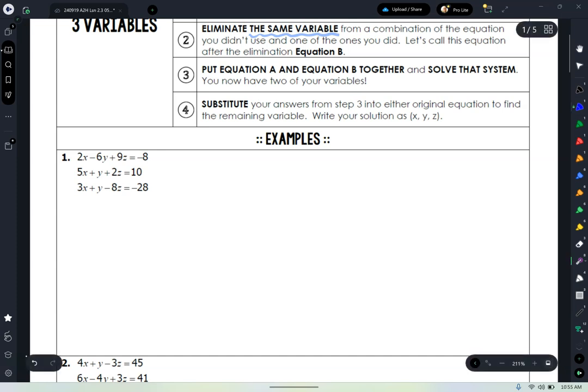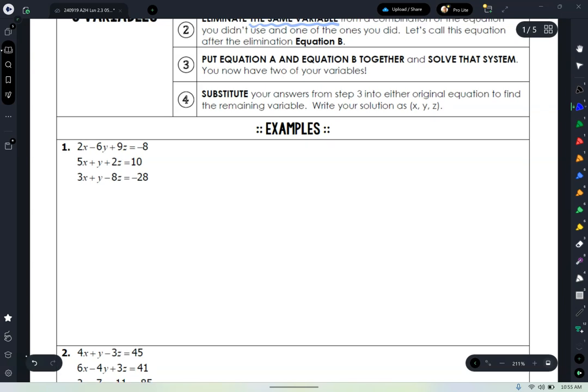All right, one recommendation I would make is let's number these equations so that we can reference them easily. I'm going to call this equation 1, this equation 2, and this equation 3. Our first objective is to pick two of these three equations where we can easily eliminate a variable.